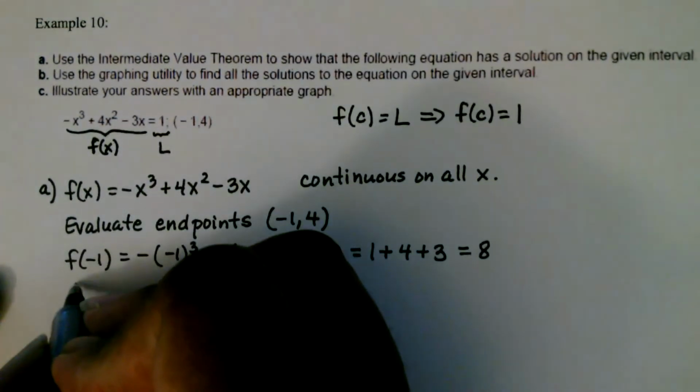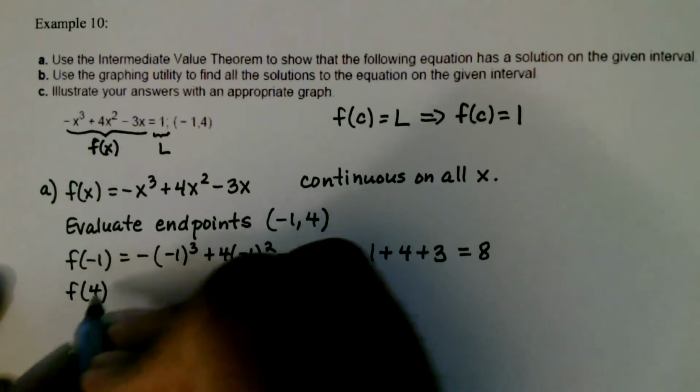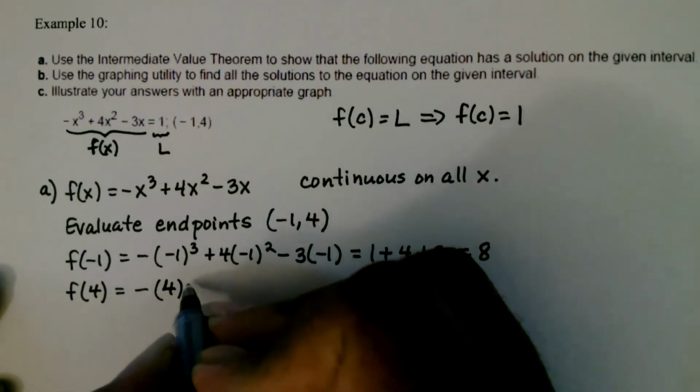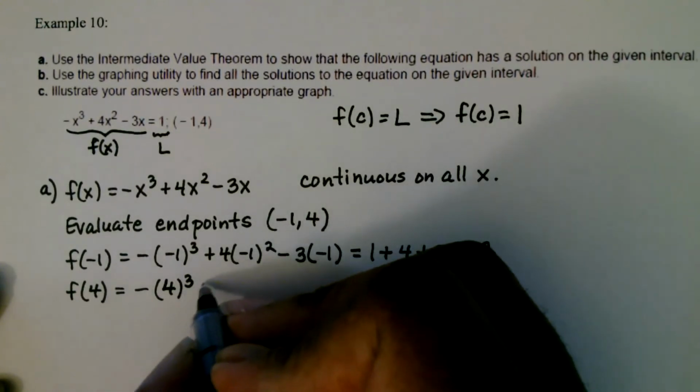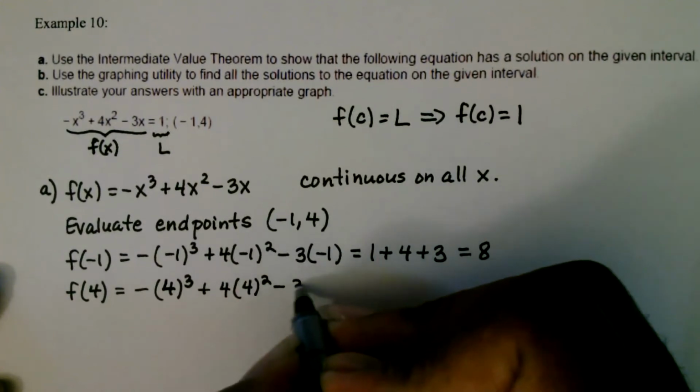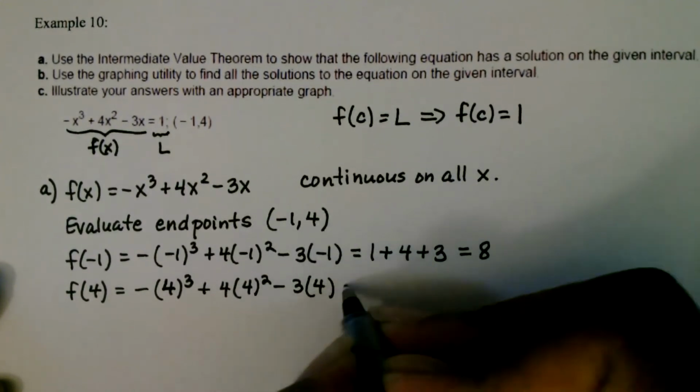And now for f of 4, here we substitute each x with 4. So it'd be negative 4 cubed plus 4 times 4 squared minus 3 times 4.